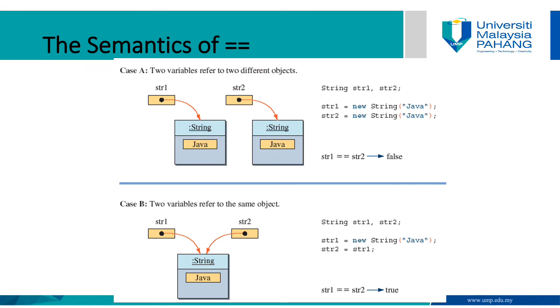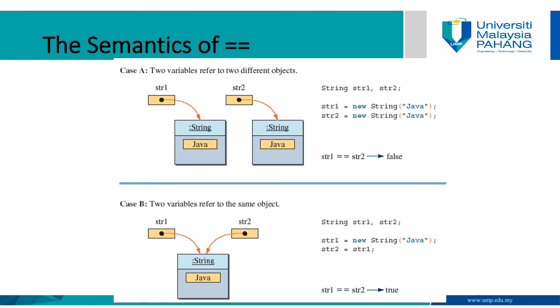Okay, let's see case B. We define the same thing again, str1 and str2. Then we define str1's value, which is new String("Java"), and then str2 equal to str1.